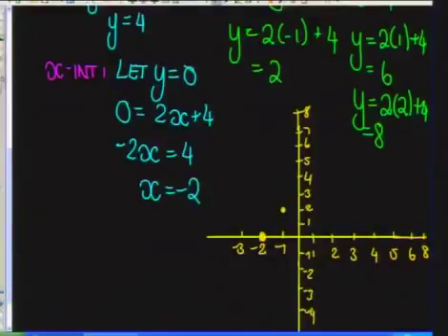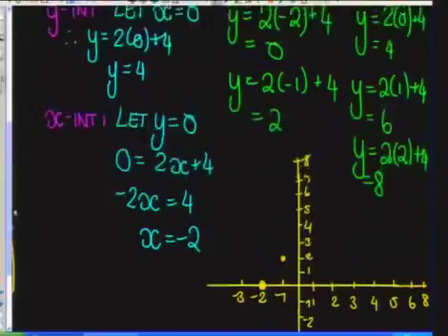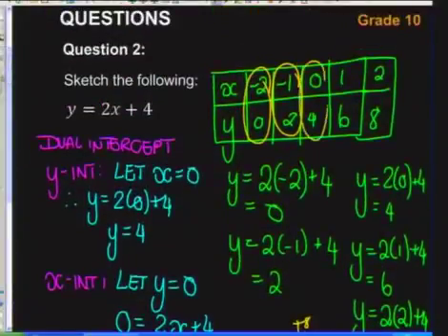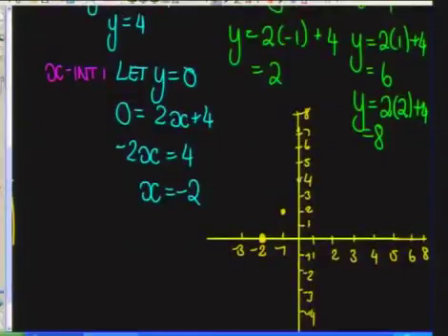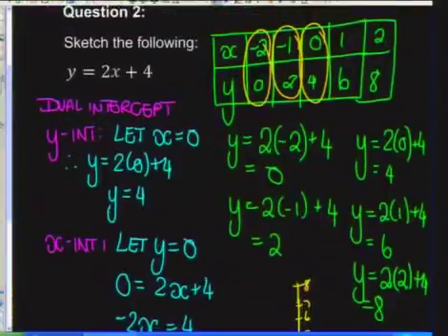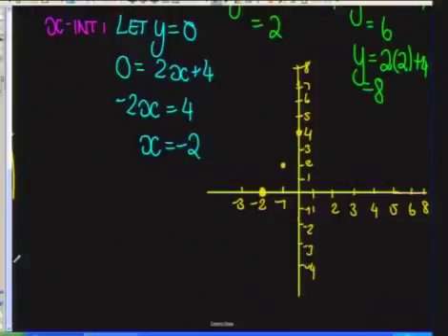That's going to give us that point over there. The next point I have is 0 and 4. So x is 0 and y is 4. That is going to give us this point over here. And I've got 1 and 6, where x is 1, y is 6. And finally, where x was 2, y was 8.